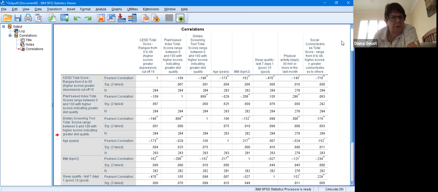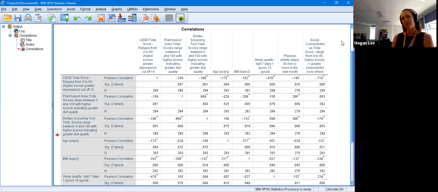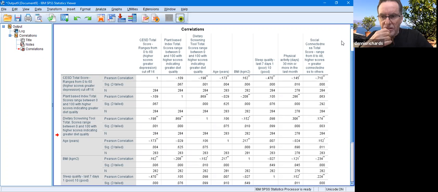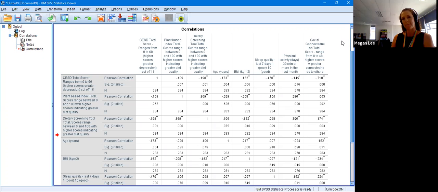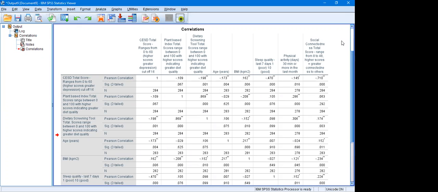Thank you. Who wants to tell me what the correlation between physical activity and depression is? It's negatively correlated. So what does that mean? More physical activity, less depression. Good.